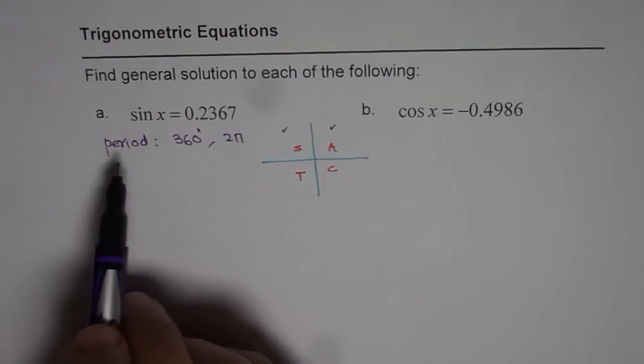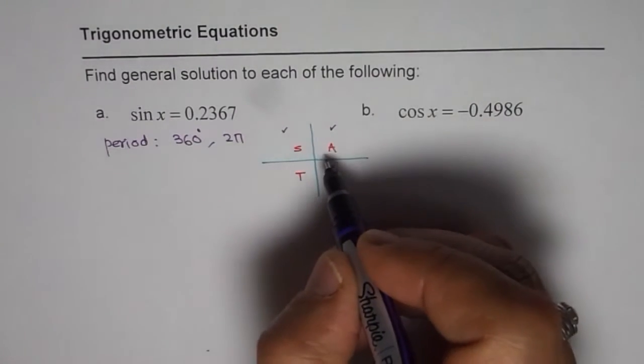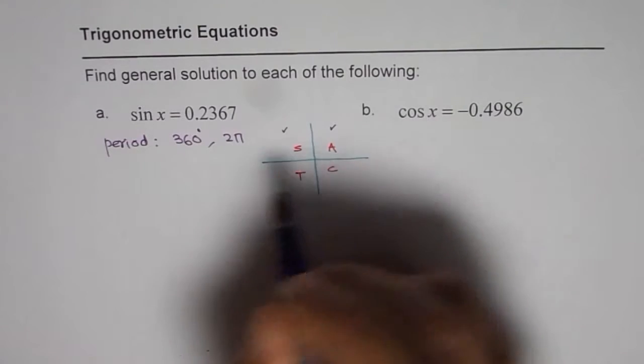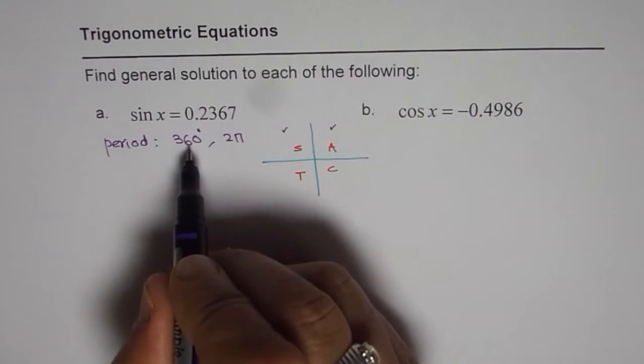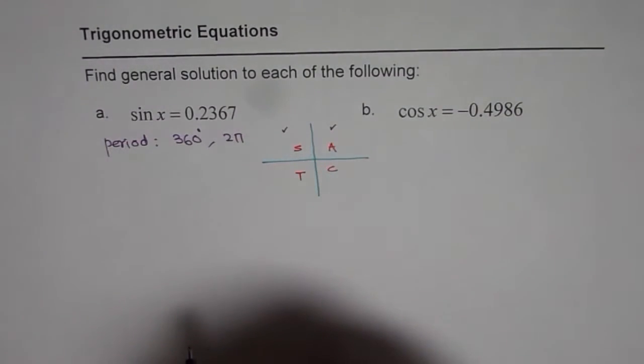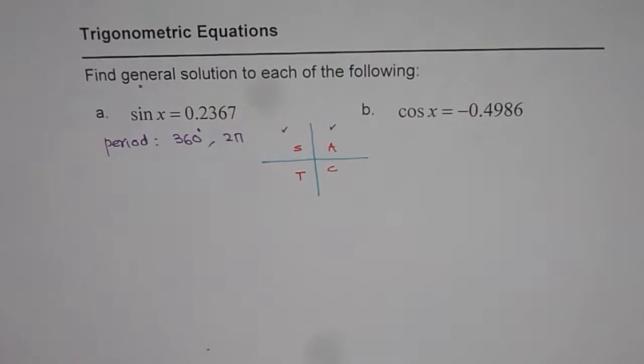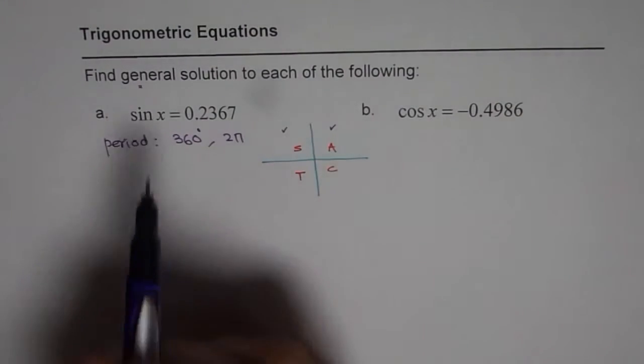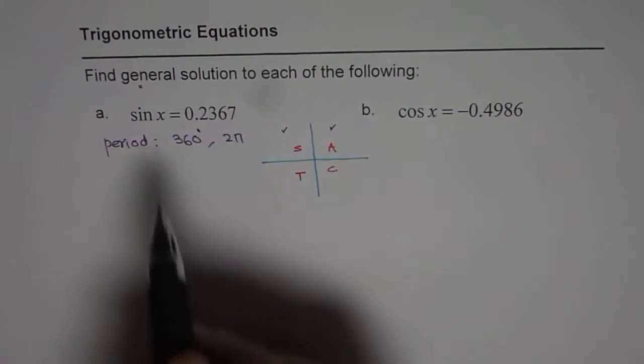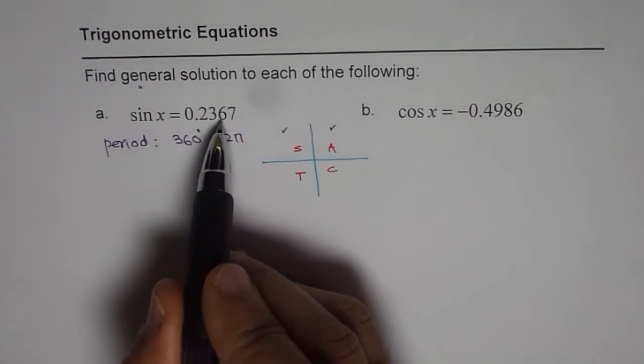So both the solutions are going to repeat every 360 degrees or 2 pi, and that is how we get the general solution.